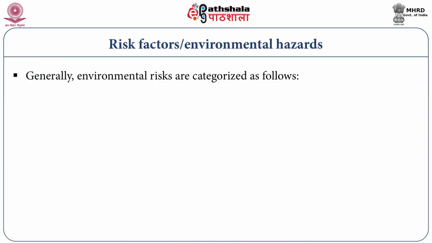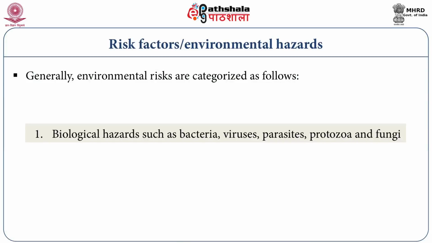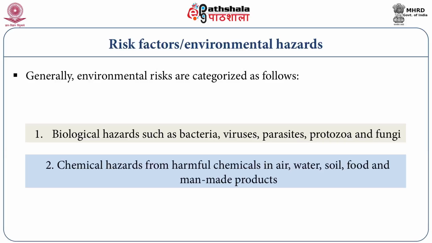What are risk factors or environmental hazards? Generally, environmental risks are categorized in the following 5 categories. The first are biological hazards, such as bacteria, viruses, parasites, protozoa, and fungi. The second are chemical hazards, from harmful chemicals in air, water, soil, food, and man-made products.